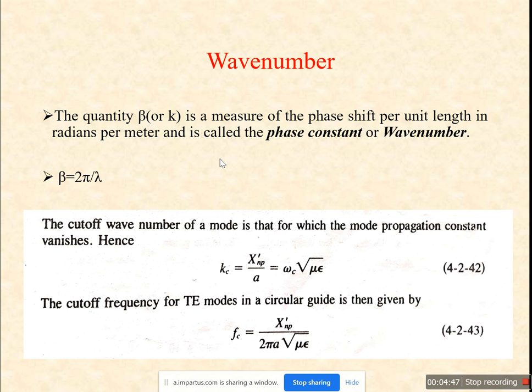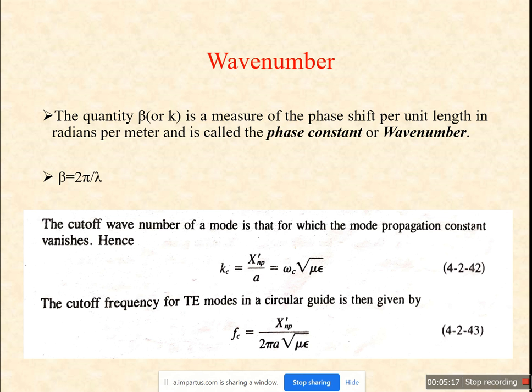The other portion is to define the wave number. Always write the wave number, which is sometimes represented by beta and somewhere by small k. The quantity beta is a measure of the phase shift per unit length, in radian per meter. It is also called the phase constant or wave number.